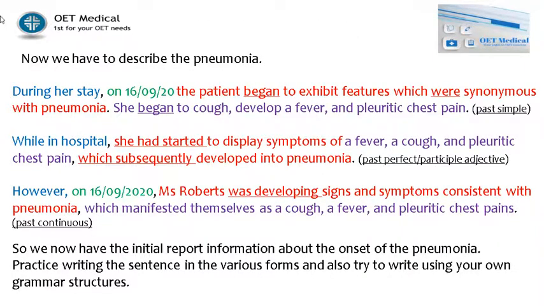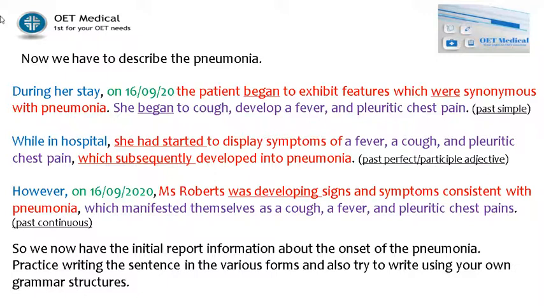Now, we have to describe the pneumonia, which is what she got while she was there. During her stay on the date, the patient began to exhibit features which were synonymous with pneumonia. She began to cough, develop a fever, and pleuritic chest pains.